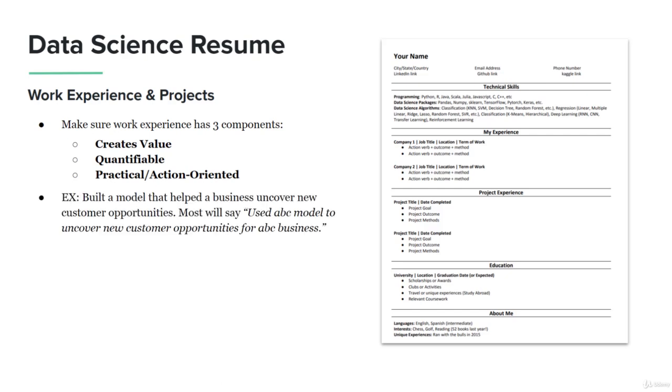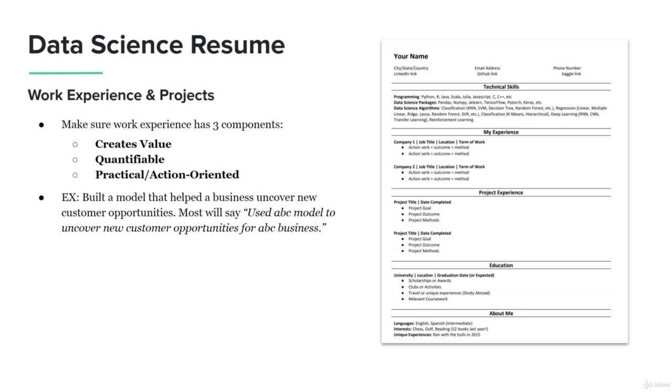And then here's an example. So I built a model that helped a business uncover new customer opportunities, right? So this is how most people will put on their resume. So most people will put something like: used ABC model to uncover new customer opportunities for ABC business, right? So where is the fact that it's creating value?